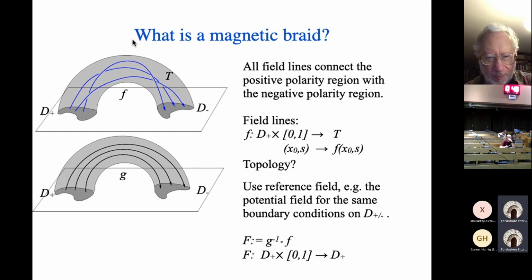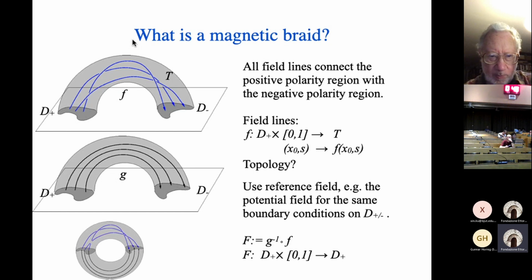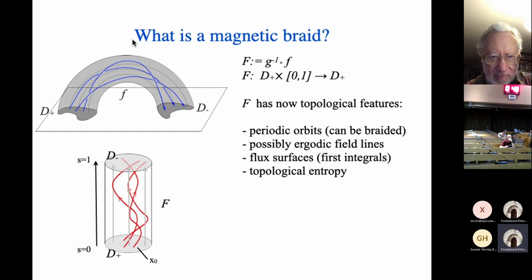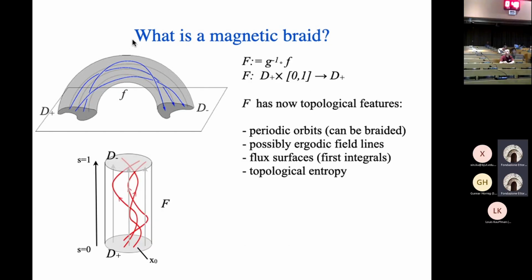And such a mapping now has topological features, or you can define things like periodic orbits or possibly ergodic field lines and flux surfaces or topological entropy.